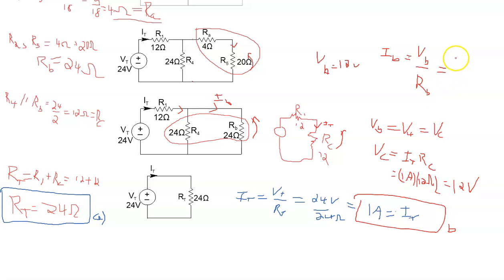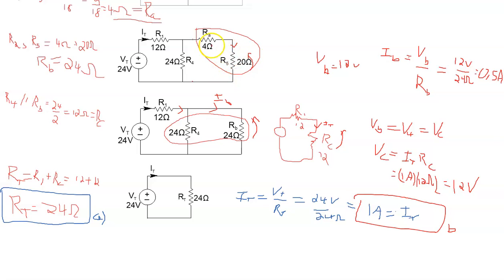And we have now 12 volts over 24 ohms. And so that gives us 0.5 amps. And as you might suspect, that current halves, because 1 amp comes in, there's 2 equal resistors, half of it goes each way.